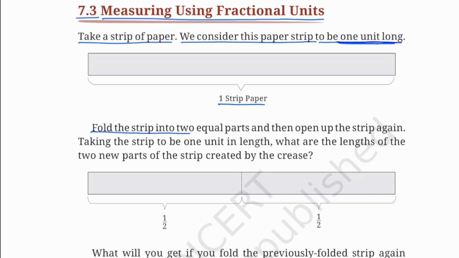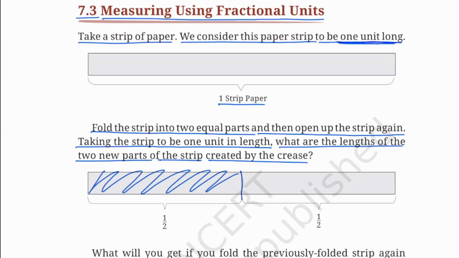Fold the strip into 2 equal parts and then open up the strip again, taking the strip to be 1 unit in length. What are the lengths of the 2 new parts of the strip created by the crease? You can see this portion is half of 1 unit length, so written as half, and the other one also written as half.